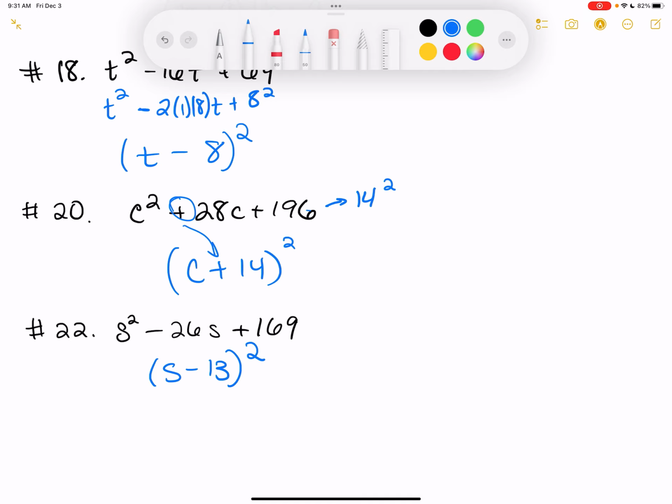All right, so then the last thing that we're doing in this section is solving the equation. Okay, so you're still going to factor the same way, and then it's being set equal to 0.